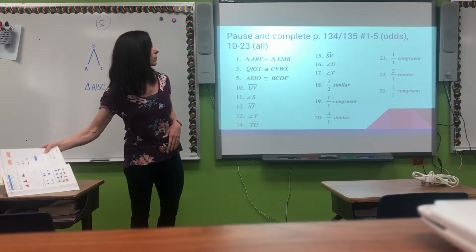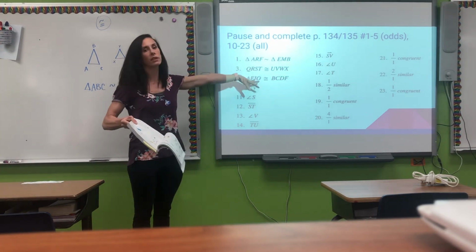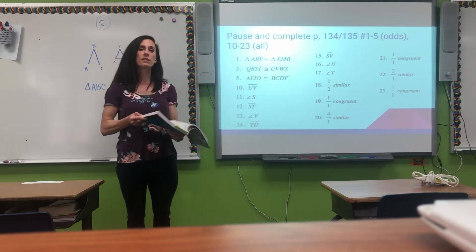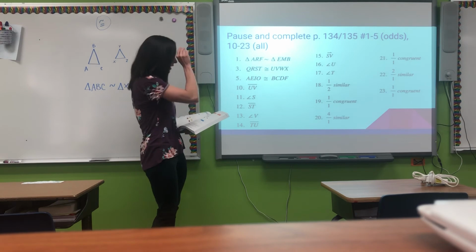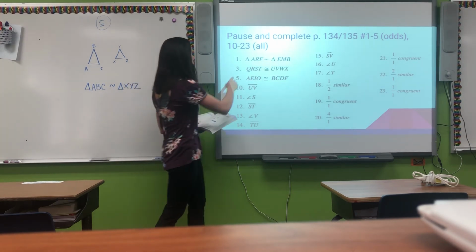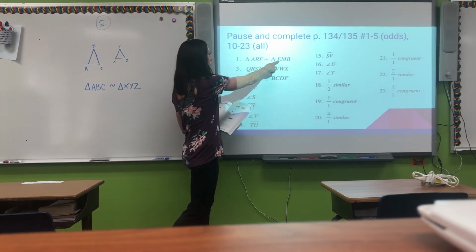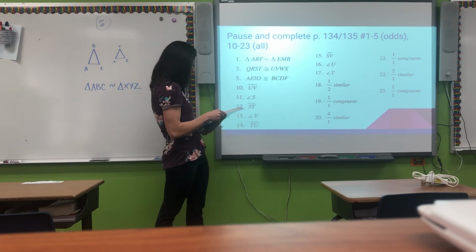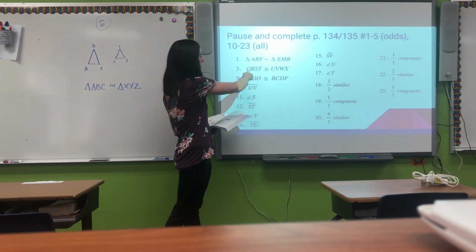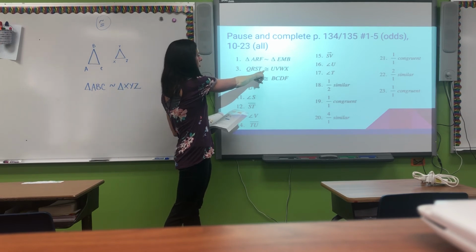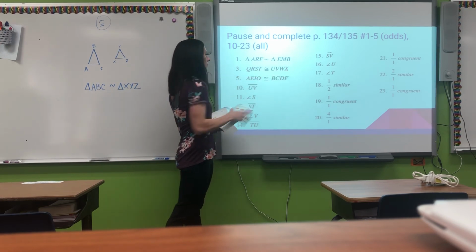All right, let's talk about these. So hopefully you named these things correctly. If you didn't, you need to go back through and look at it and make sure you know how to name things correctly. So we have triangle ARF is similar to triangle EMB. Number 3, right, we've got squares, so QRST is congruent to UVWX.